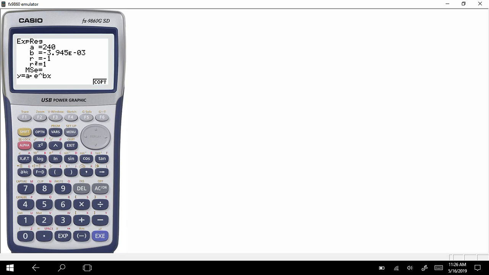That actually answers both part A and part B if you do it this way. Part A just says find K, which would be from the calculator's B. B is the calculator's K. Again, that's scientific notation, so you've got to move the decimal 3 spots, so it's 0.003945.